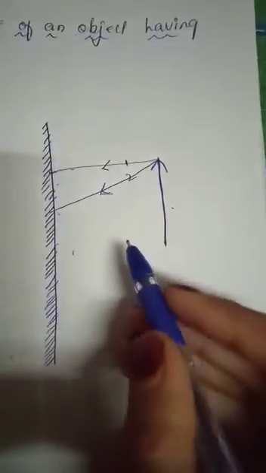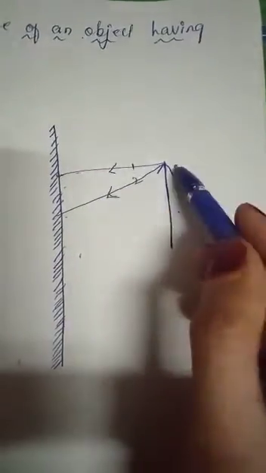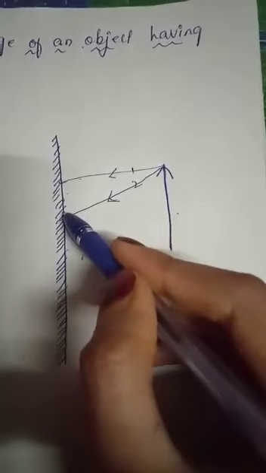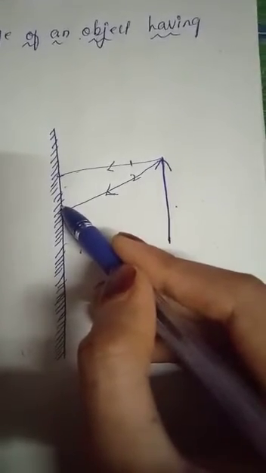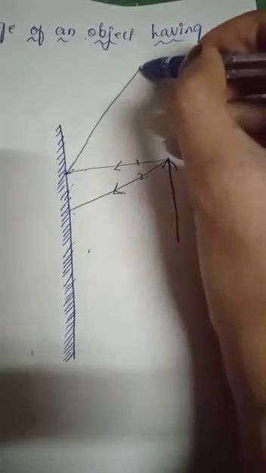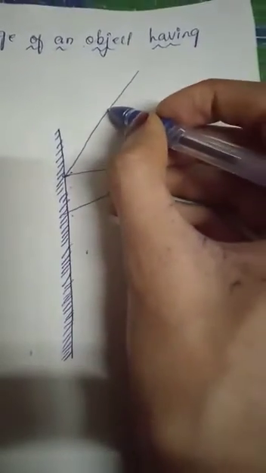So these incident rays are incident on the mirror, and immediately reflection takes place. For this you have to draw a normal. This is the normal.